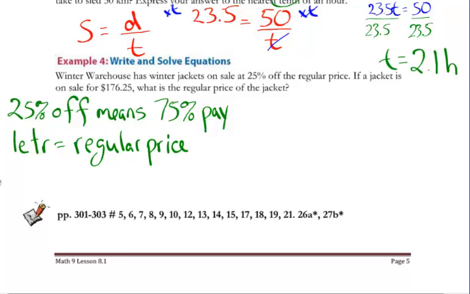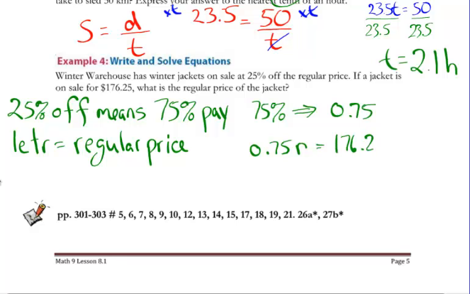So our algebraic equation, we're going to change 75% to a decimal, which is 0.75. So we're going to use that 0.75 times the regular price, which was R, yields us a sale price of $176.25.